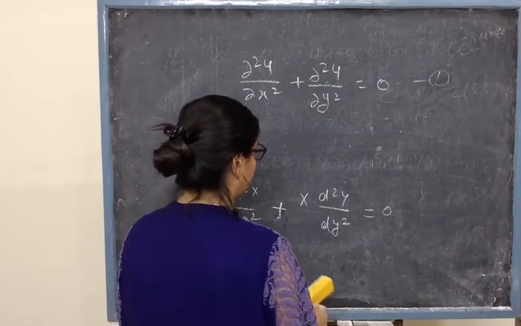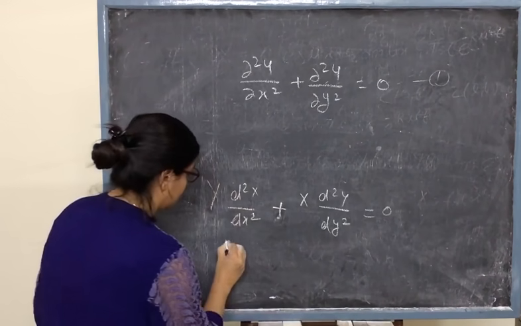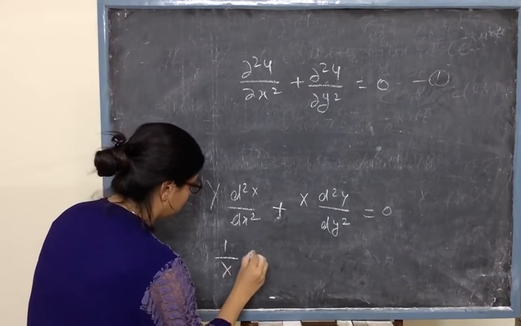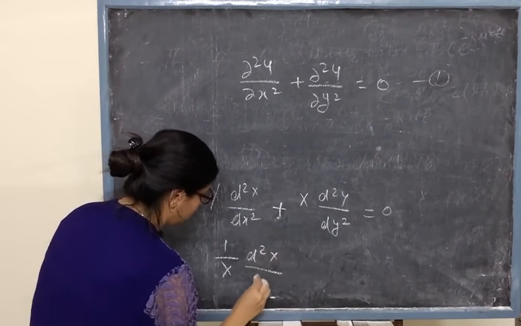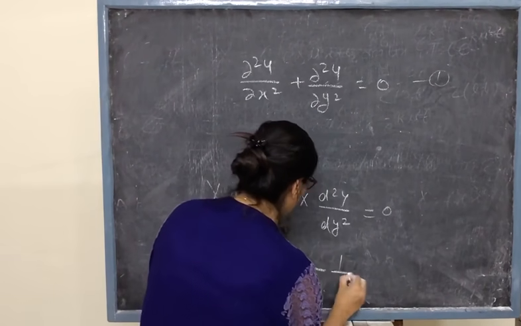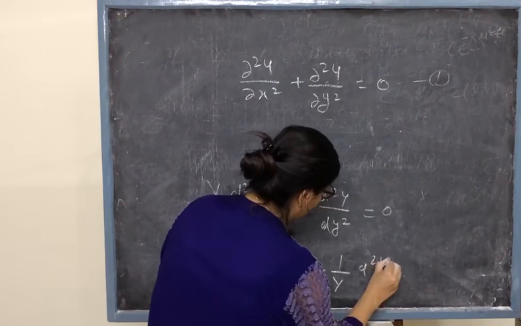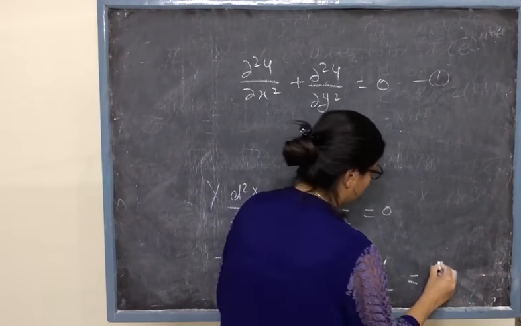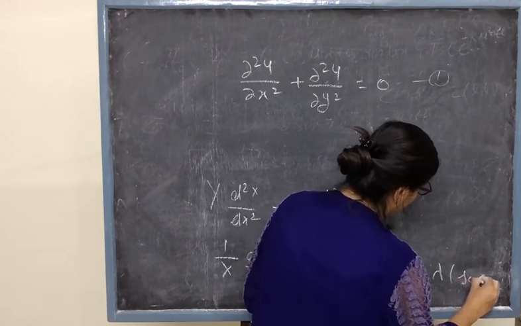Further we can write it as 1 upon X d2X over dx square equals to minus 1 upon Y d2Y over dy square equals to, say, some lambda.